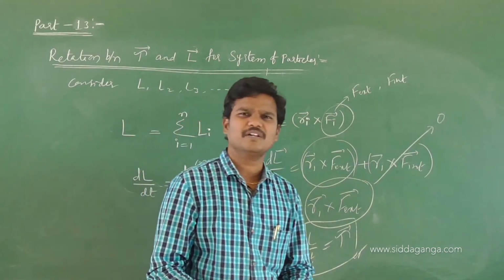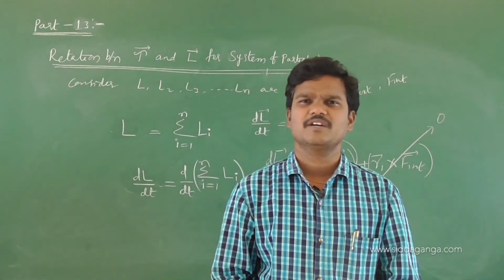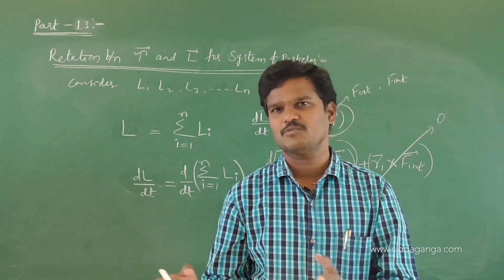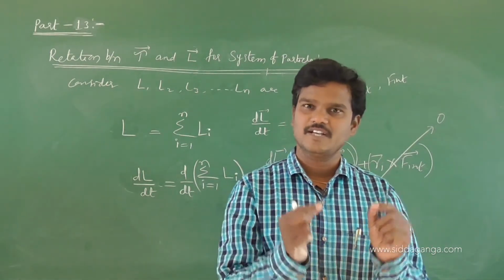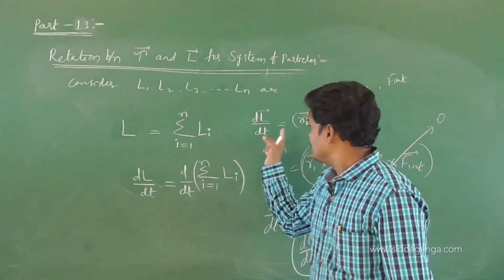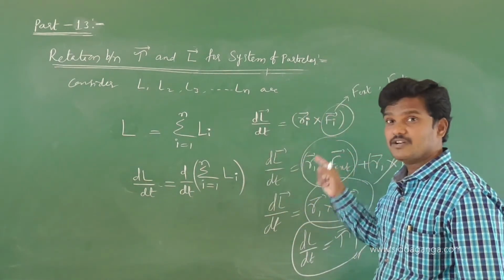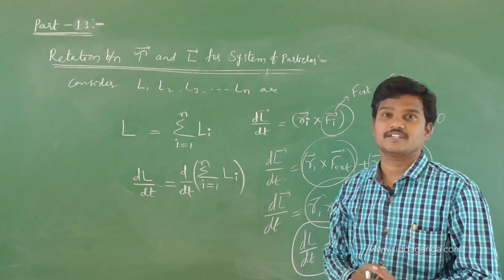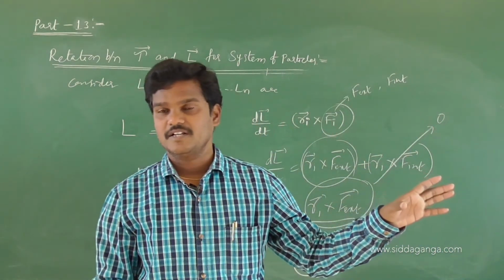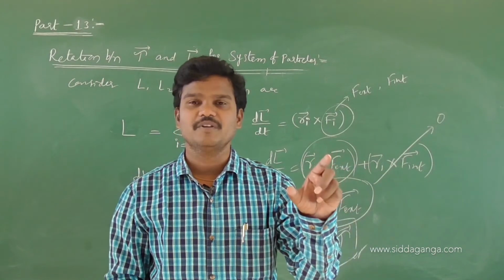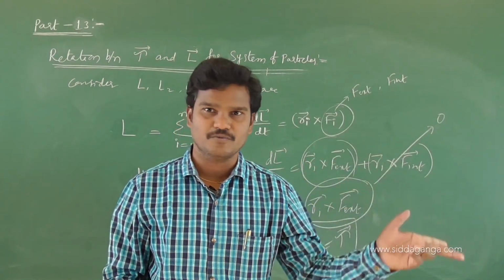For a system of particles, they will give n number of particles whose masses they will give, and for angular momentum you just add, take the summation, apply the differentiation, and again the same result. But the right side result is the combination of external forces and internal forces. Right side means all individual particles, each being a combination of external and internal forces.